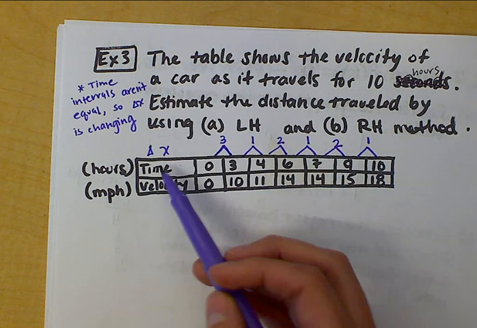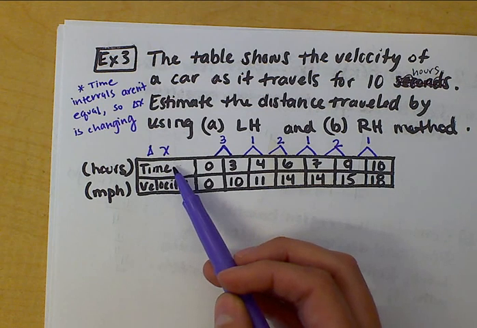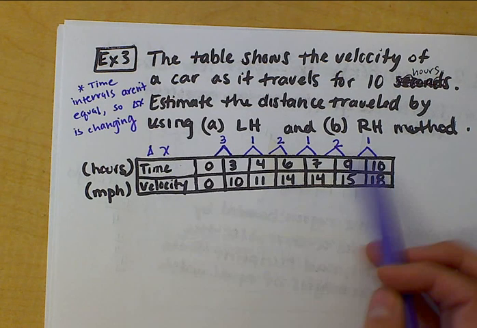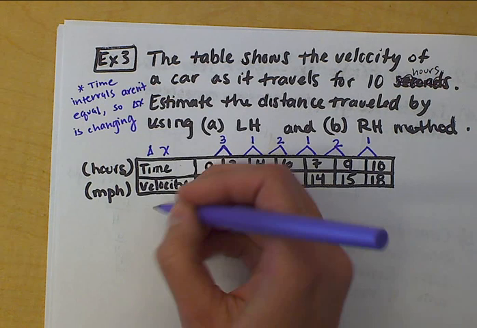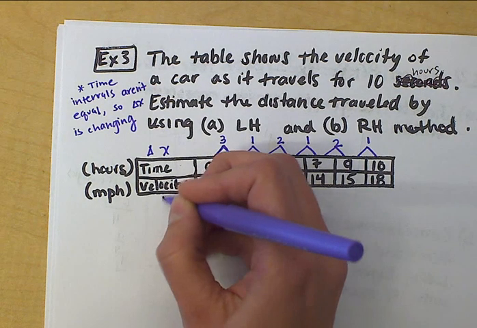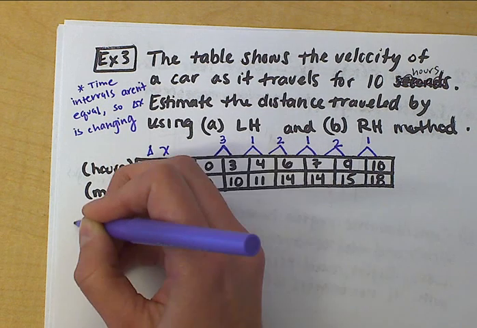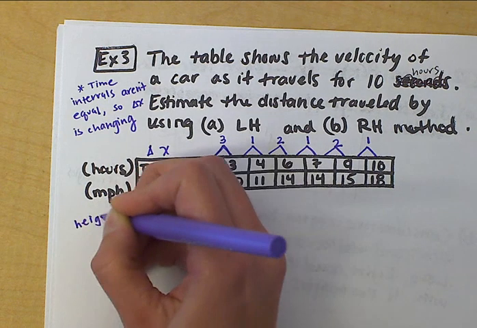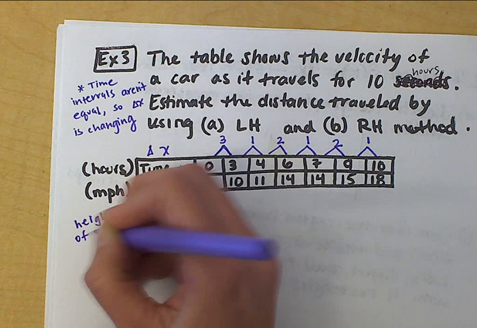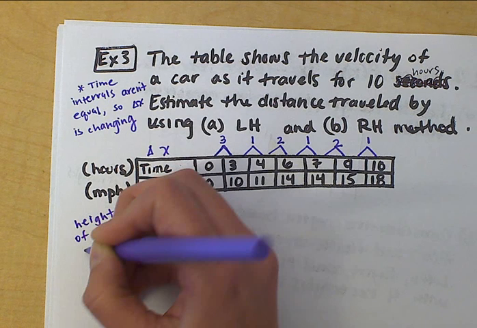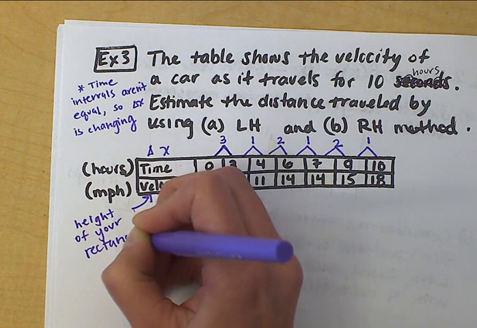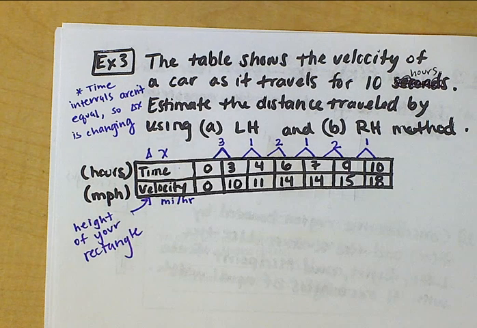So if time is my input, and I got the change in x, which is the width, velocity is the output. And this is going to be in miles per hour. And just a reminder, this is representing the height of your rectangle. This represents the height of your rectangle.